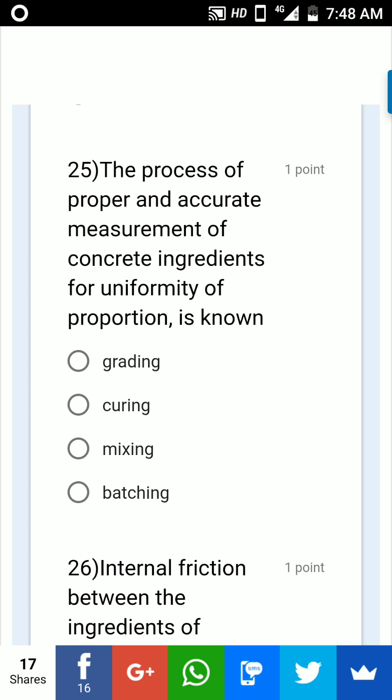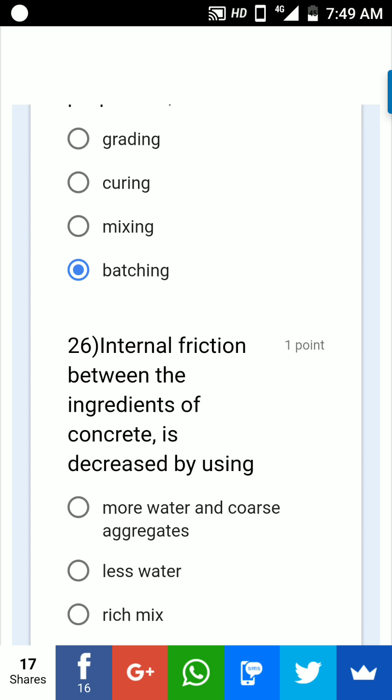The process of proper and accurate measurement of the concrete ingredients for uniformity of the proportion is known as batching.